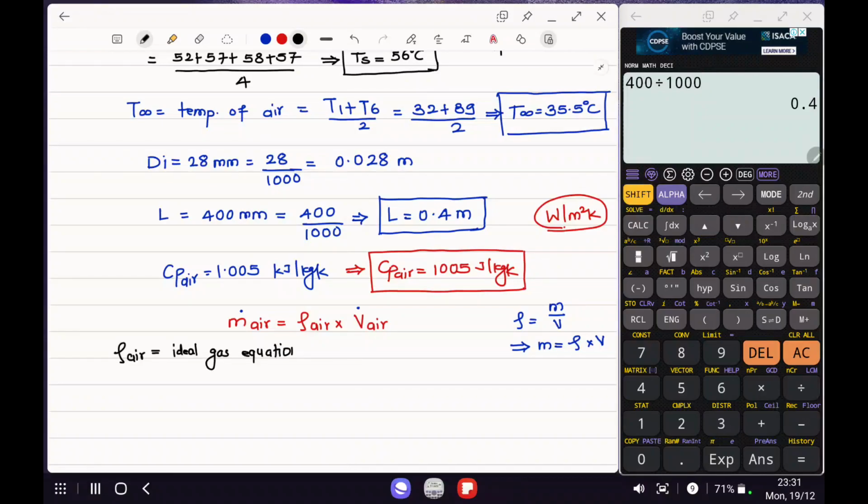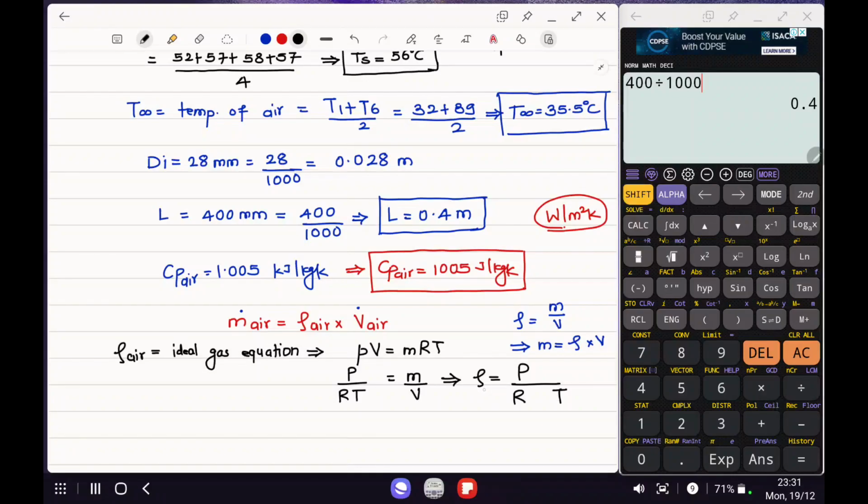So what does the ideal gas equation tell us? We know that PV is equal to mRT with the help of the ideal gas equation. In this case we are interested in the density. Mass per unit volume is density. So mass divided by volume on one side and everything else on the other side: pressure divided by R into T. It means that if we want density for an ideal gas, it is equal to pressure of the gas divided by R of gas multiplied by temperature of gas.